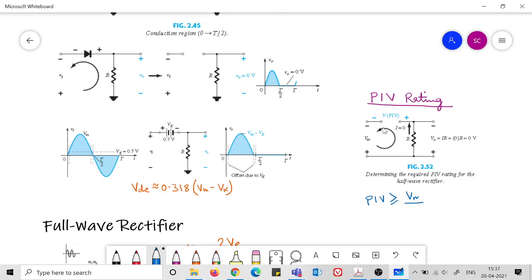So your PIV must be greater than Vm. Actually, you should say that the magnitude of the peak inverse voltage should be greater than Vm. And if you are more precise about signs, you should say that the PIV must be less than or equal to minus Vm.